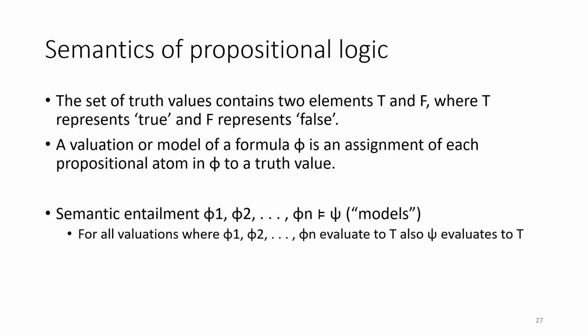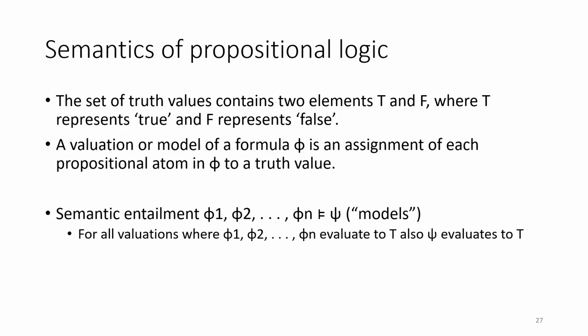They can be true, false, and we want to have a valuation of a model. A valuation is an assignment of each propositional atom to a value true or false, and this leads to a truth value of the formula. So if we say valuation, that's simply assigning each variable a true or a false.